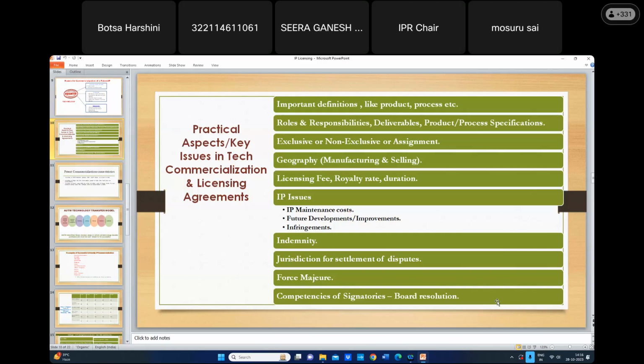Indemnity is again another important issue. If somebody dies after consuming that product, whose responsibility is this? This has to be clearly articulated in the agreement. You all know that during the COVID time, India wanted to get the technology to produce the mRNA vaccine in India, and the Indian government wanted indemnity because at that time nobody knew whether these vaccines would work, whether they would have bad effects or good effects.